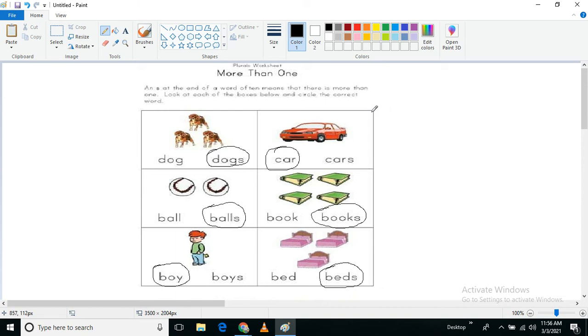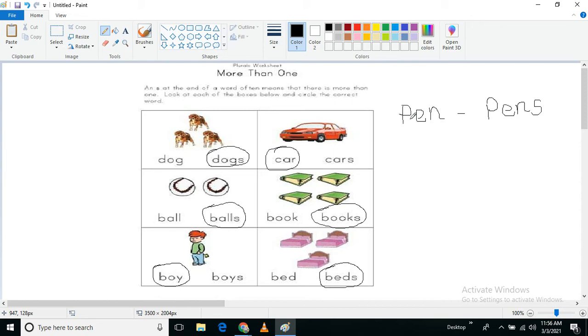And you can write down some singular to plural words. Okay, like pen, and in plural, pens.